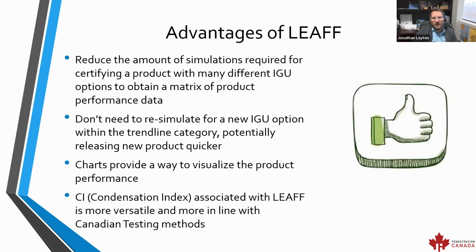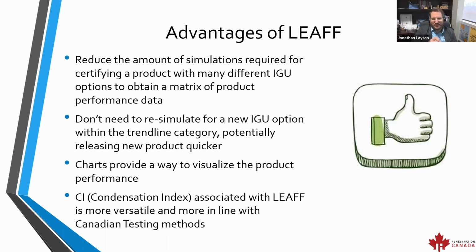Glass options, I would just say the sweet spot really is how much time and energy manufacturers are willing to put into adopting the program, because you can't just identify it as a single number.